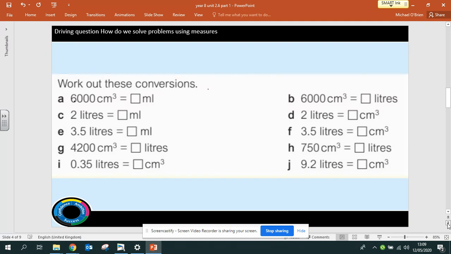If you didn't get all those right, write down your corrections, check and make certain. If you need to pause to go through the video again, that's absolutely fine. When you've done that, restart the tape and we'll go on to the next question.